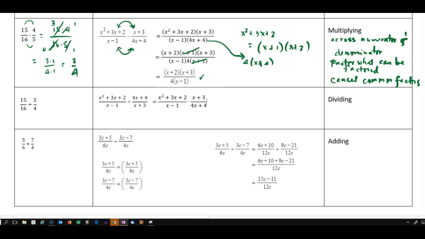Now, in division, it's similar between fractions and rational expressions. First step is to flip the divisor. Second step is change it to multiplication. So for this one, it's 15 over 16 times 4 over 5.